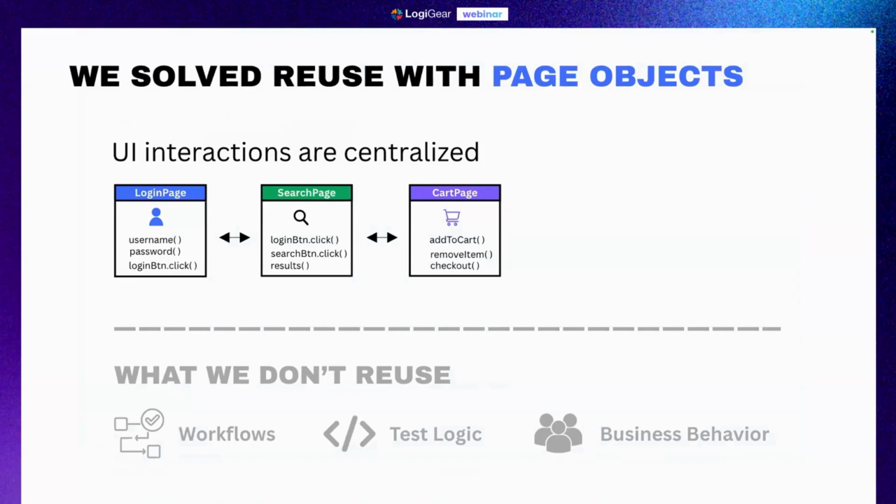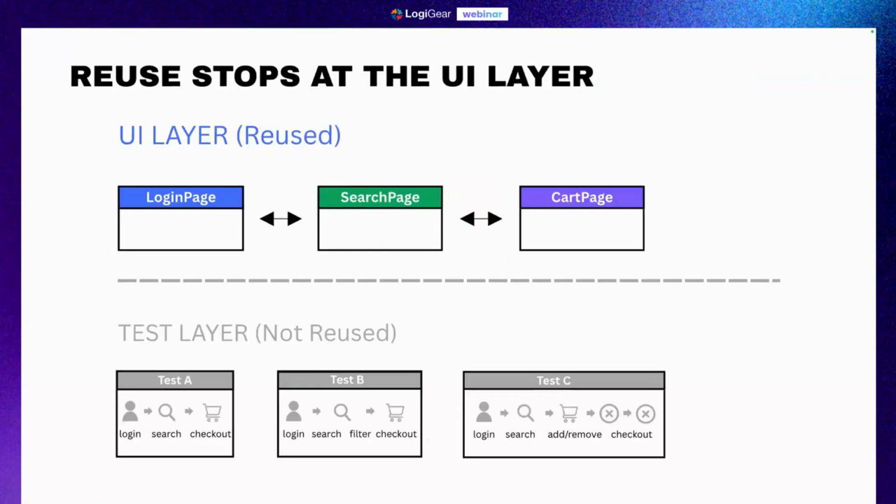So if a button changes, you don't have to fix it in like 50 different places. But what we don't see is the reuse of workflows or test logic or even business behavior. So what we're seeing is that reuse literally stops at the UI layer.